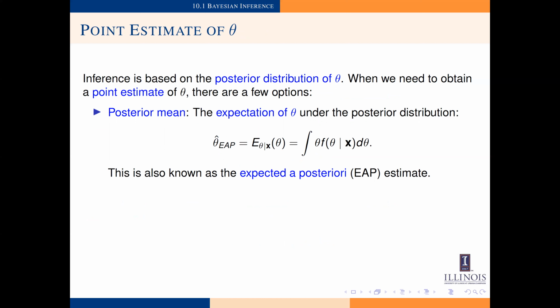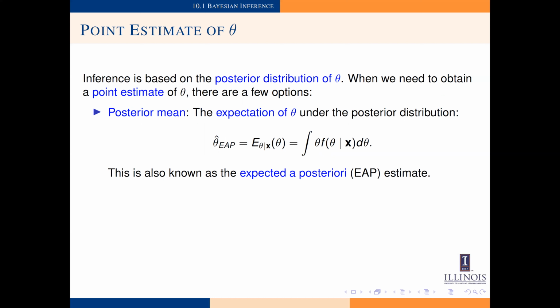So you can see that now, if we have observed data x, then we can obtain the posterior distribution of theta given x, which is some updated beliefs about the distribution of theta after we have observed the data. This posterior distribution is still a distribution.